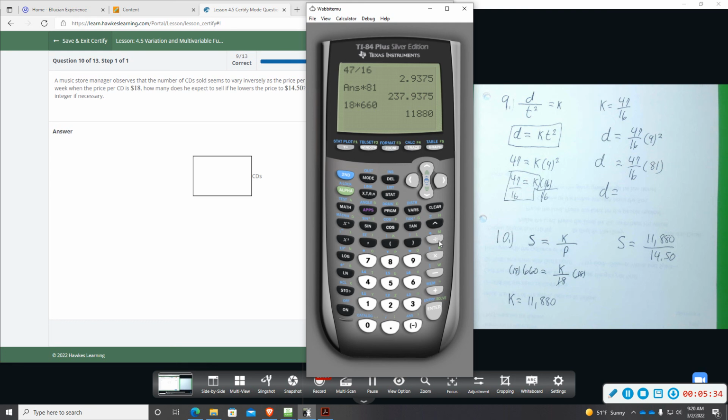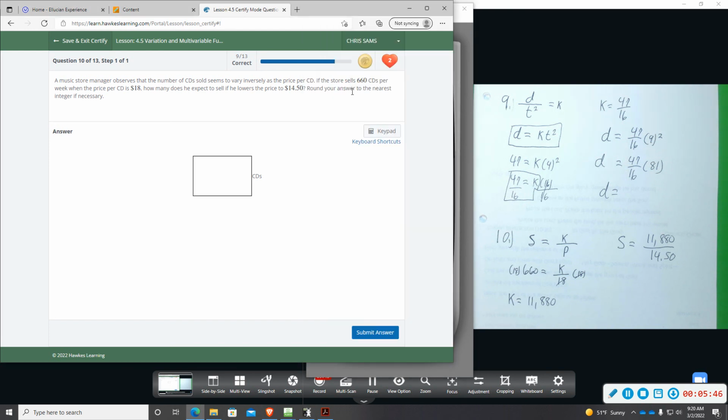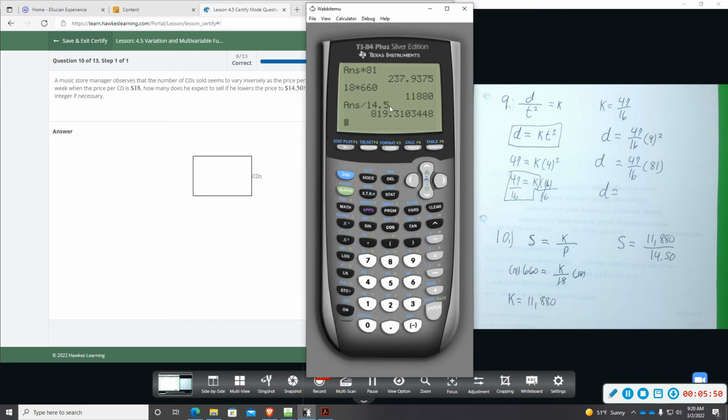I'm just going to divide by 14.5. And what does it say? Round to the nearest integer. Now, usually in the real world, since you're going to sell 819, you would generally round that up because 0.3 means you would sell 820. But since it says round to the nearest integer, we're just going to round to 819.